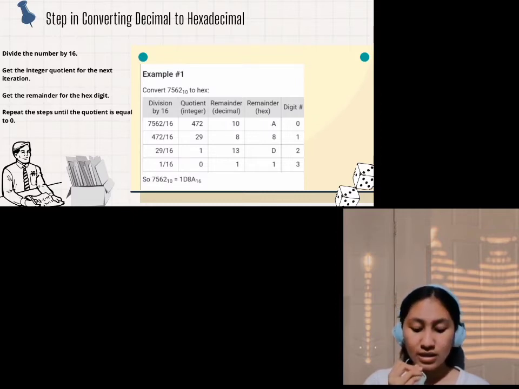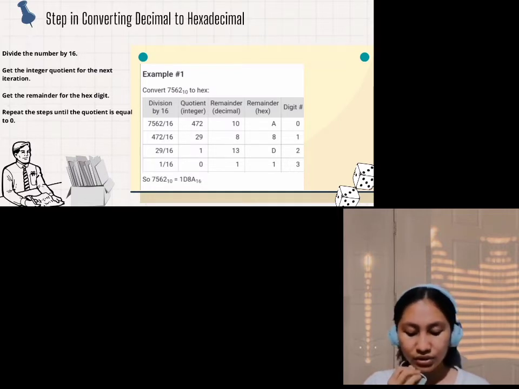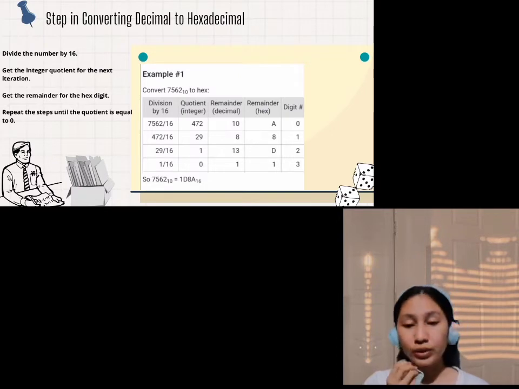We divide it by 16 and get 472, with a remainder of 10 in decimal. Then the quotient 472 divided by 16 gives 29, with the remainder 8. Then 29 divided by 16 gives the quotient 1 and remainder 13. And 1 divided by 16 is 0, so the 1 that is left is considered a remainder.